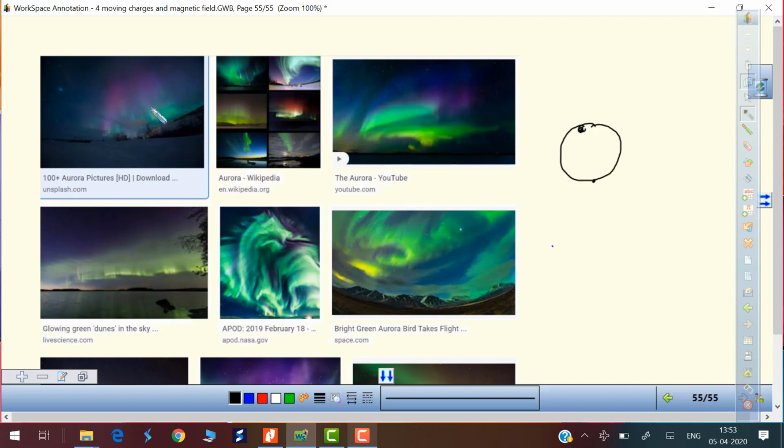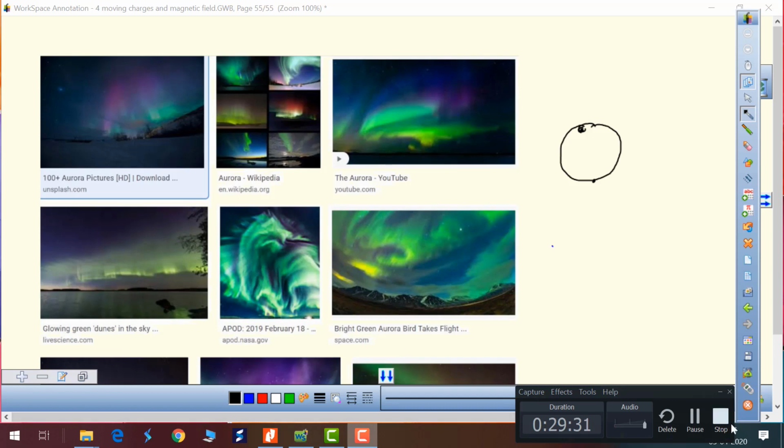It is believed that charged particles are trapped and concentrated at the poles, and they ionize the oxygen and nitrogen, so we can see this type of aurora. This is just for information. Okay, thank you very much.